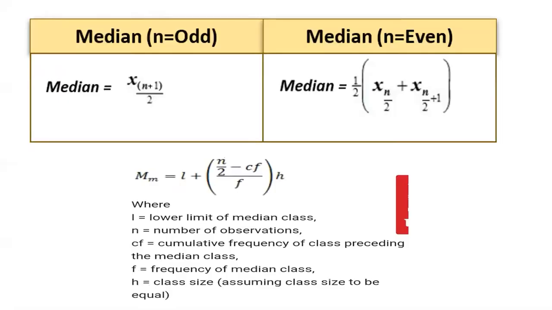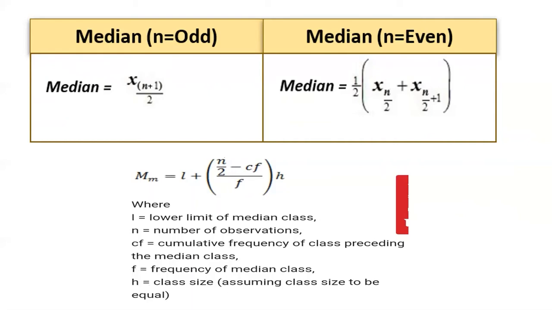Now let's see the formula of the median. If the number of observations is odd, then you just use (n plus 1) divided by 2. But if there is an even number of observations, you take the (n divided by 2)th term and the (n divided by 2 plus 1)th term.